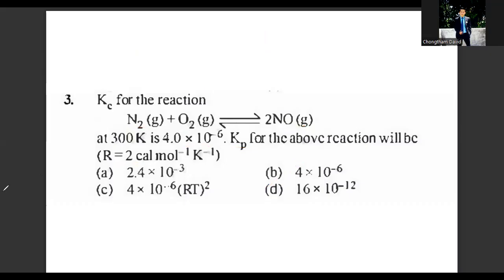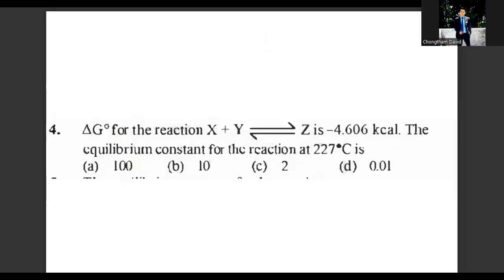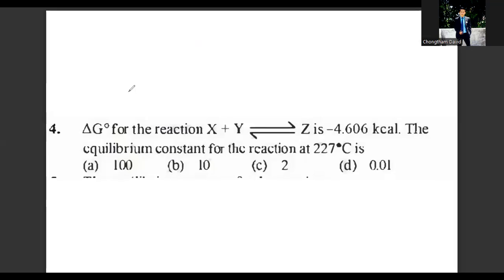Moving on to the next question, number 4. The standard Gibbs free energy for the reaction X plus Y gives Z is negative 4.606 kilocalorie. The equilibrium constant for the reaction at 227 degrees Celsius is? So what is the relation between delta G and delta G naught?